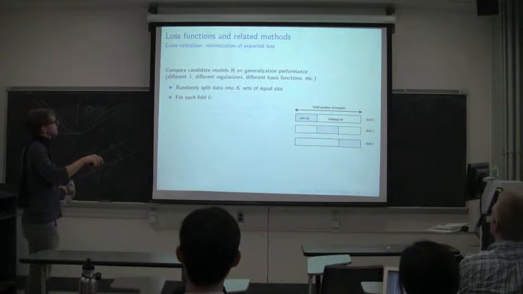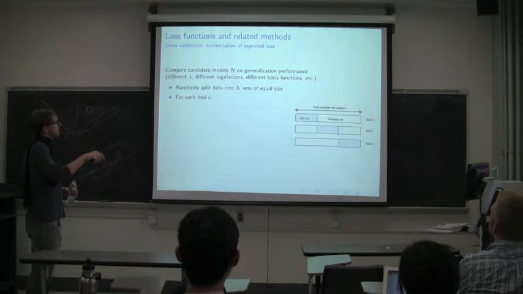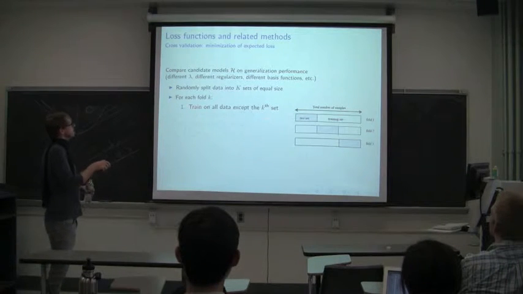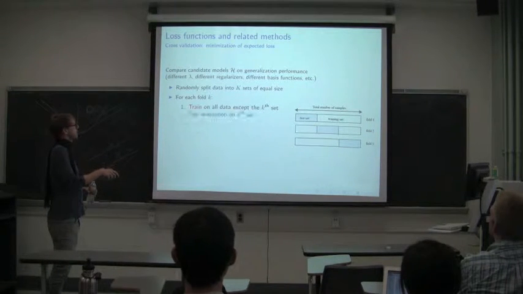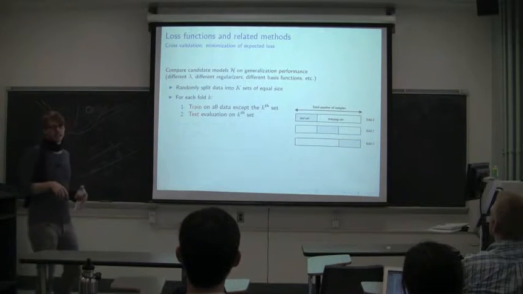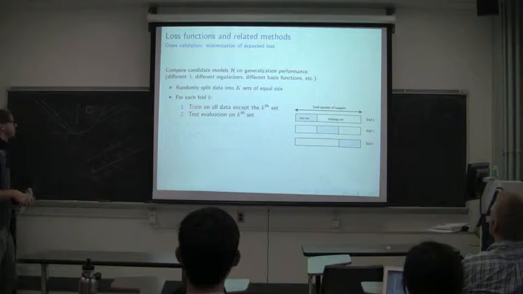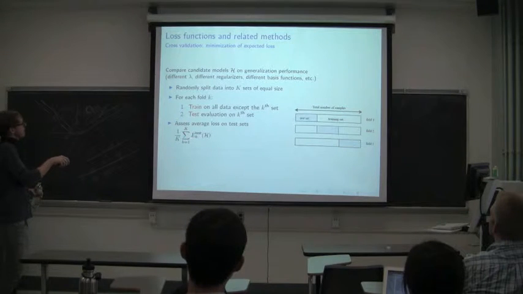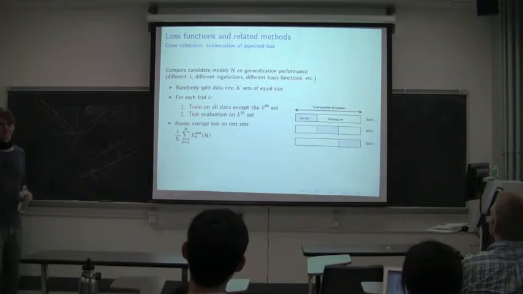Then for each of those, we call one set the test set, and all the remaining data the training set. Now we train on the training data, and then we use that regression function to predict on the test data that we have not used for training. We do that for each of those folds, and then we average. That gives us an approximation to this expected loss.